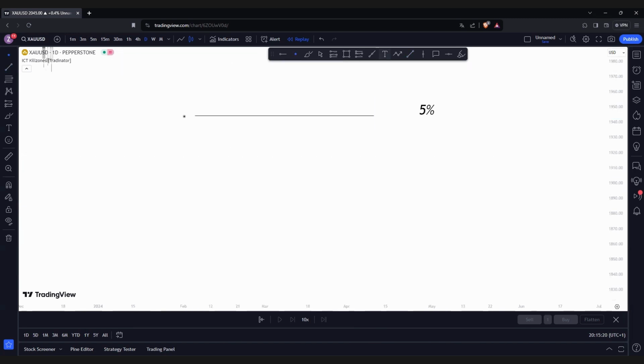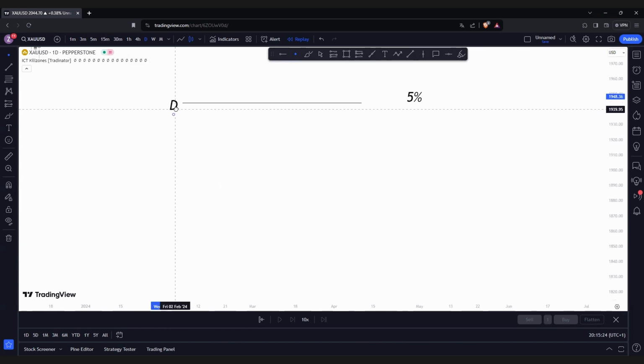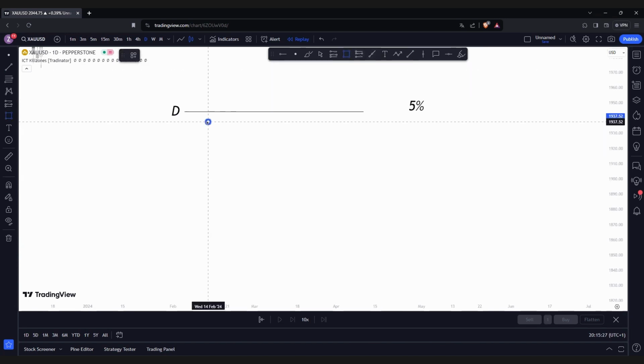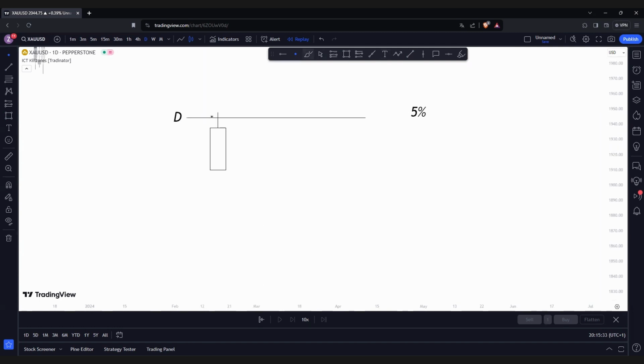What is a rejection? You're going to have a daily fresh level right here, and you're going to be looking at the daily candle, waiting for it to leave a wick, and price closing below it. This is the first sign, which is just 5%, but you need it, okay? You can't use the other signs without the rejection.